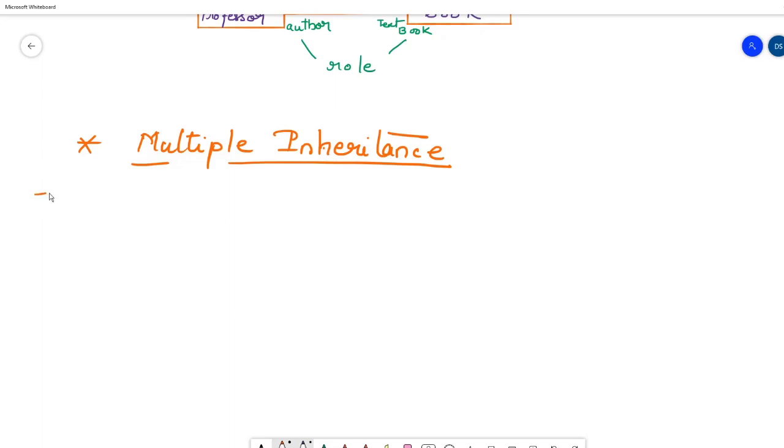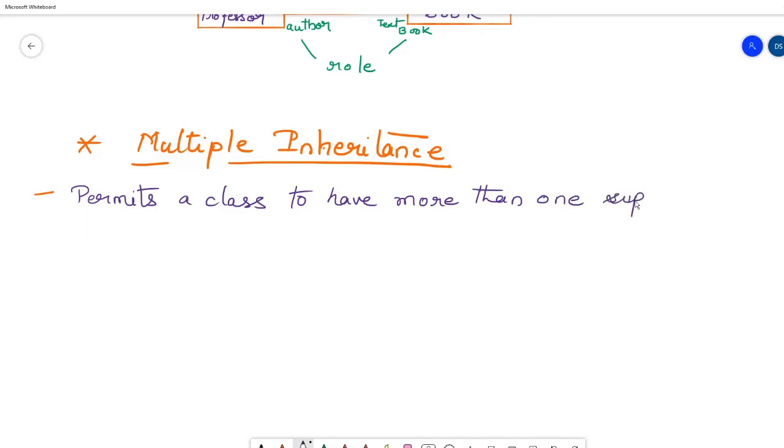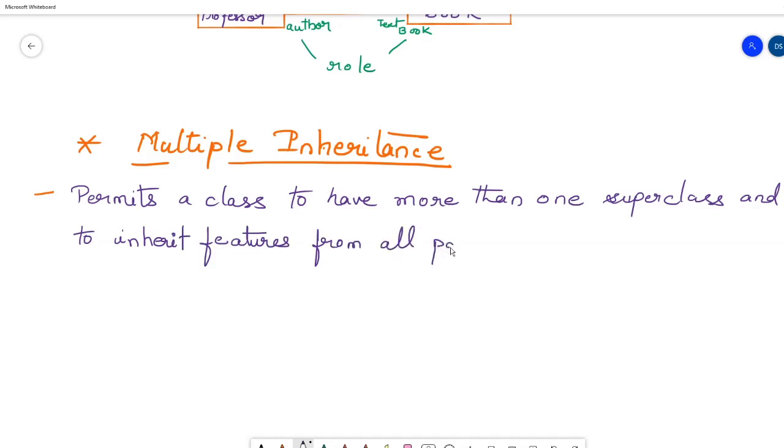I'll just write a definition: it permits a class to have more than one superclass and to inherit features from all parents.